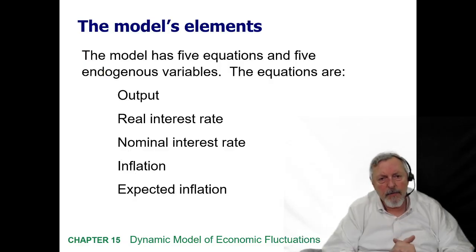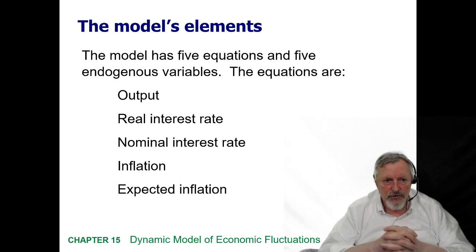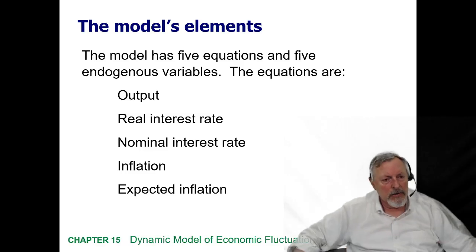Now, the model has 5 equations with 5 endogenous variables. They are equations for output, the real interest rate, the nominal interest rate, inflation, and expected inflation. Now, what we're about to do is called structural equation modeling. What that means is we model each part of the economy separately, with each of their own equation.